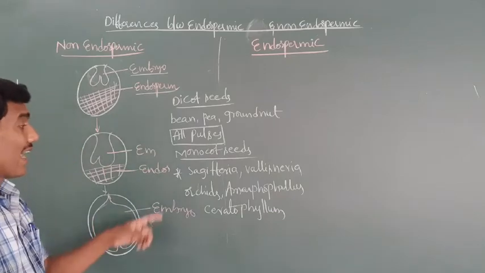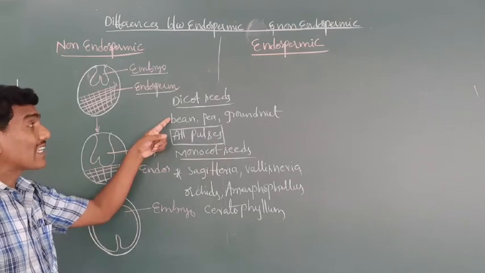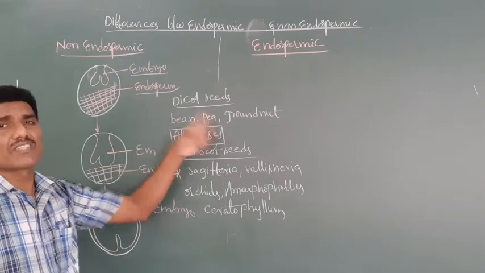These are examples of non-endospermic monocotyledons and non-endospermic dicotyledons.